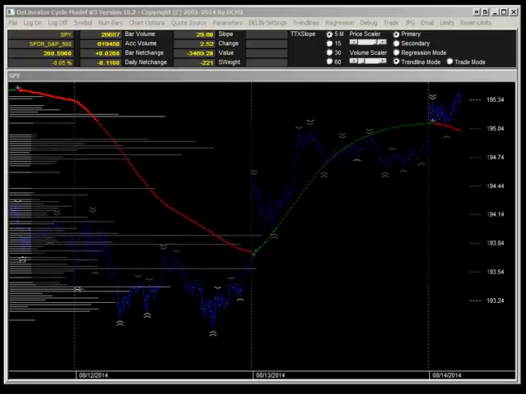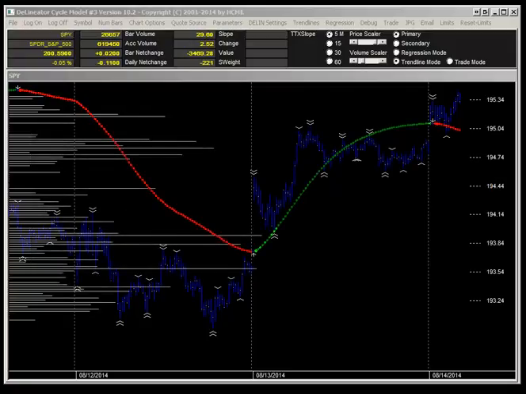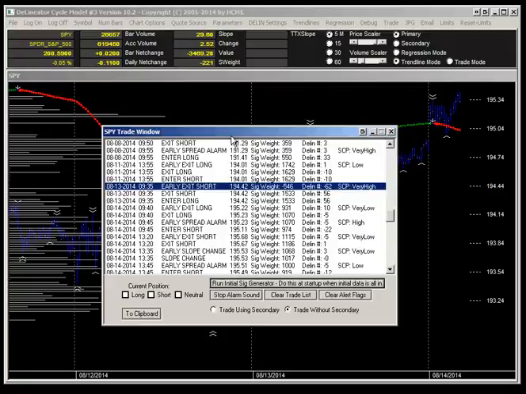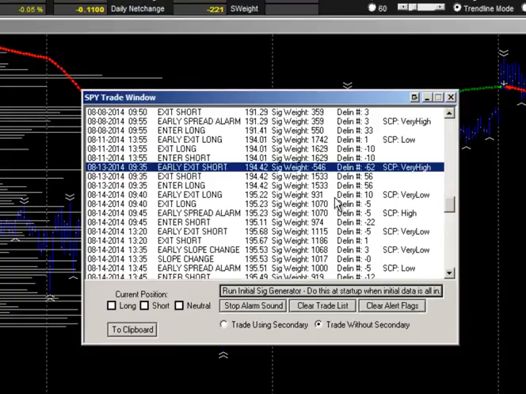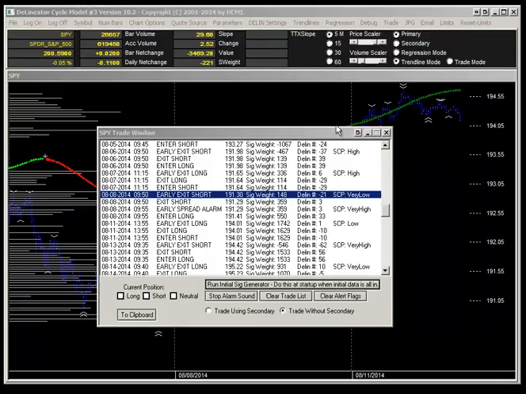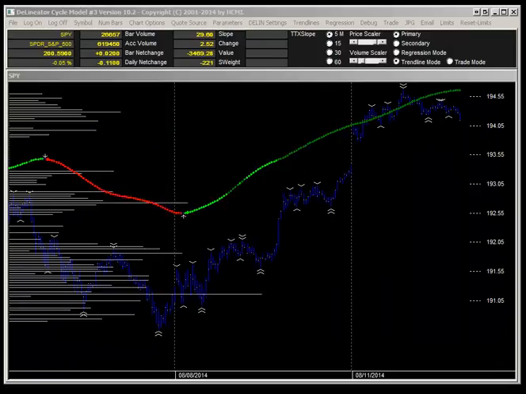There is a sequence of the signals that the delineator generates, and let's bring in our SPY trade window, which is where all of our trading information is published at the time the signal is generated. So let's go through the types of signals that are going to be generated. We know that we have a slope change up and a slope change down, each identified by an arrow.